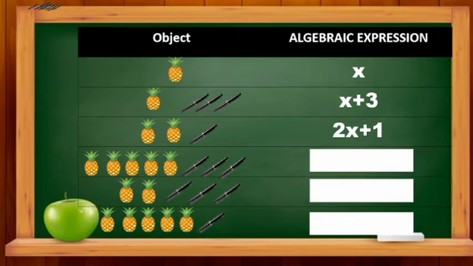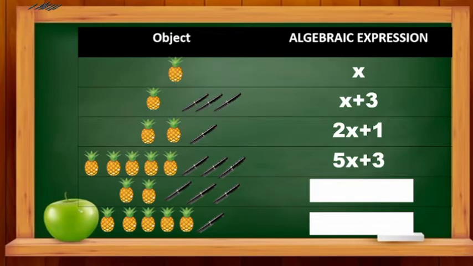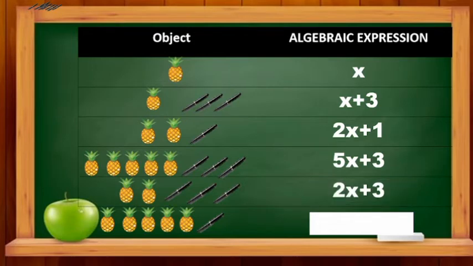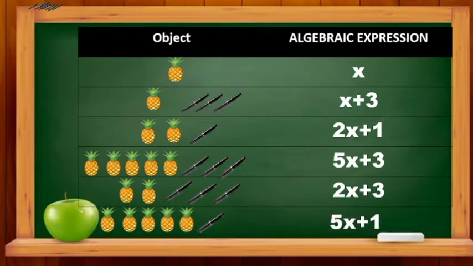So it is 5x plus 3, since 1 pineapple is equivalent to the number x and the pen is for the additional number count. Next one has 2 pineapples and 3 pens. So it is 2x plus 3. And the last one has 5 pineapples and 1 pen. So it's 5x plus 1. I think everyone can solve this on your own since it is very easy.